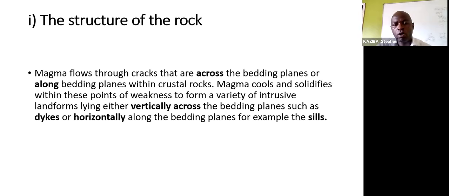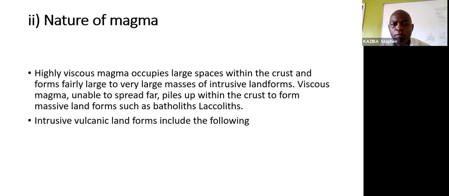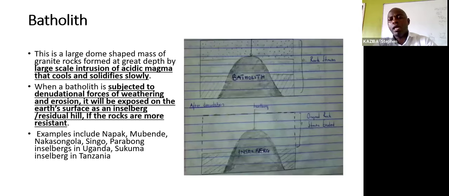So structure of the rock: do we have horizontal bedding planes or vertical bedding planes where magma can be intruded vertically or horizontally? Then you talk about the nature of magma intruded. Is it highly viscous or is it basic? After talking about that, then we go to the landforms.